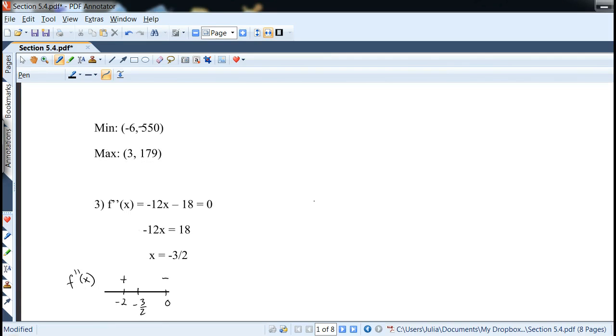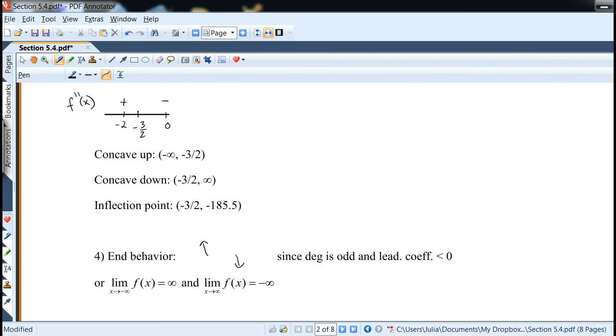I always remember, if it's odd, y equals x cubed, and it looks like this. You can just focus on the two ends. The first end is going down, the second end is going up. Negative leading coefficient reverses this. So the first end is going up and the second one is down.